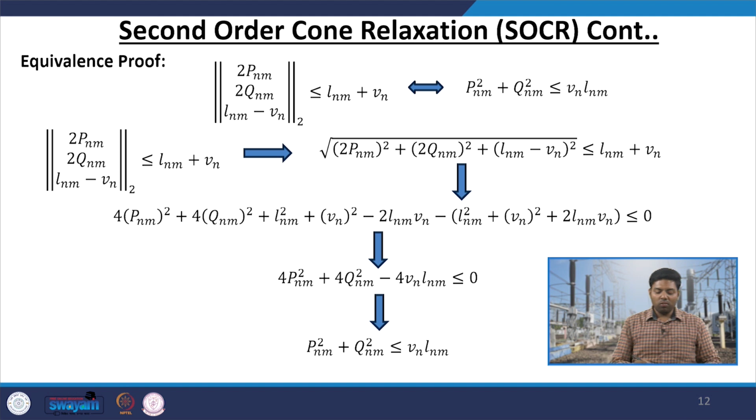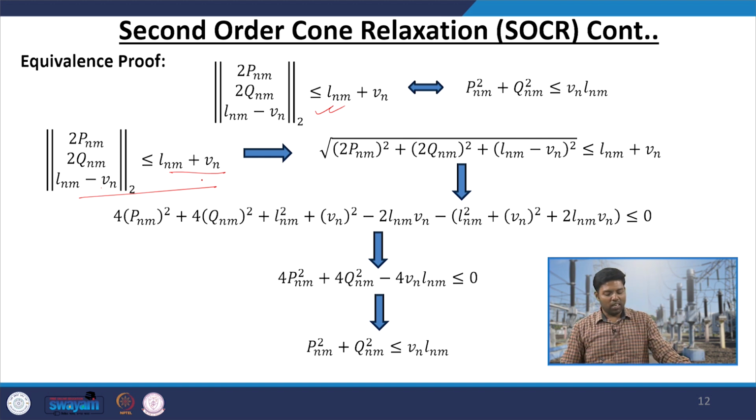So we start with this expression. Okay. So expand that L2 norm and you will get root over of 2 PNM square plus 2 QNM square plus this square is less than equals to LNM plus VN.